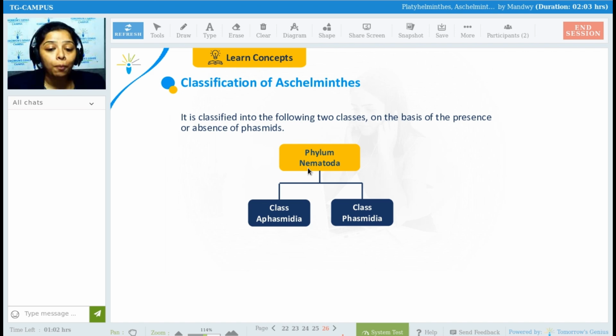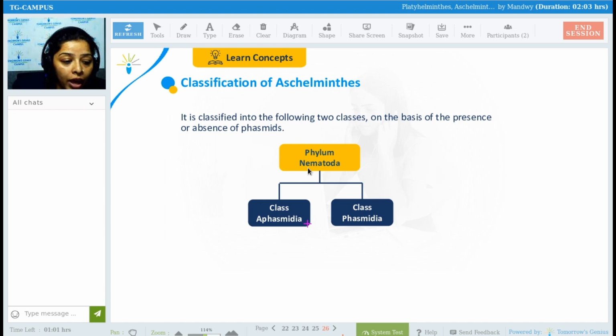Phasmid is actually a cuticular layer, okay, which is made up of a single cell. So whether it is present or not, on that basis Aschelminthes is classified. So the classes are Aphasmidia and Phasmidia.